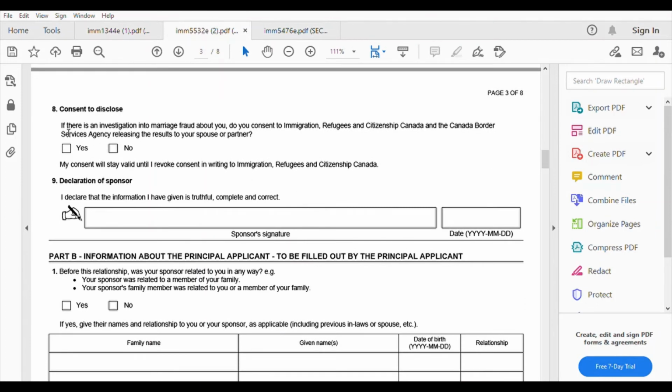So here, if there is an investigation into marriage fraud about you, do you consent to immigration and the Canada Border Services Agency releasing the result to your spouse or partner? You can choose yes or no at this point. It will not affect your application, but I prefer to say no. Declaration of a sponsor. So here the sponsor has to sign and mention the date that he fills out the form.